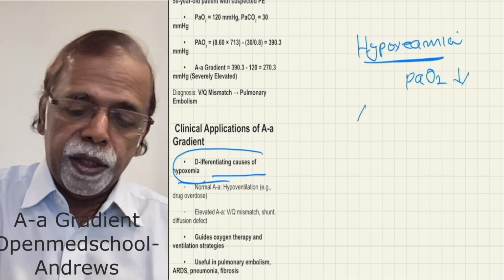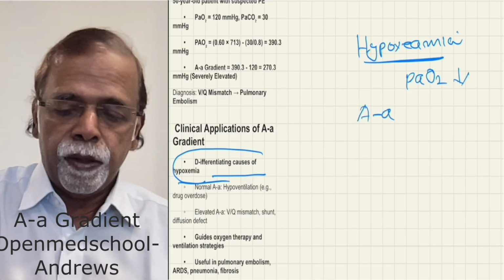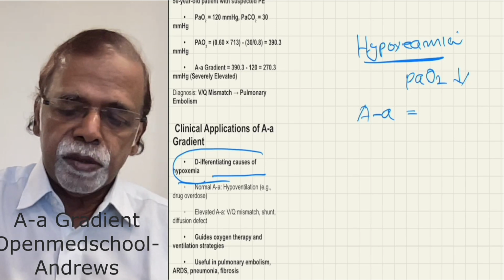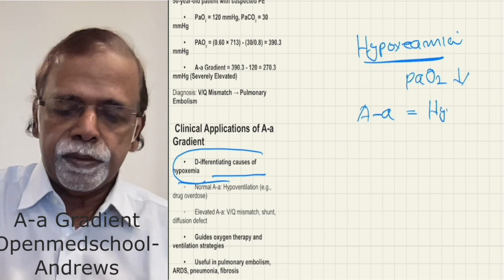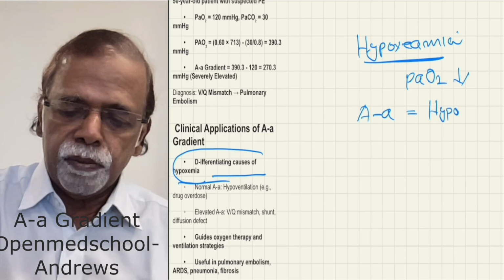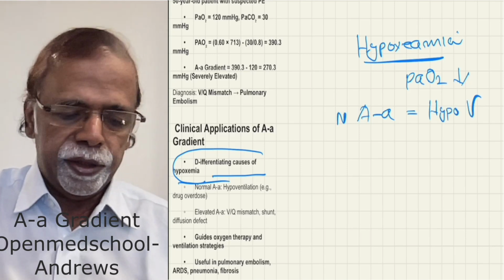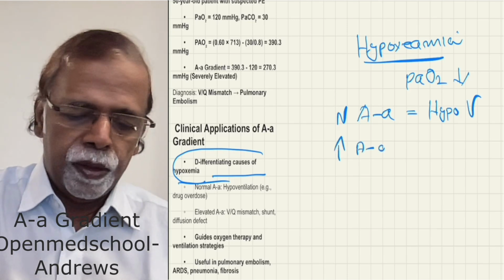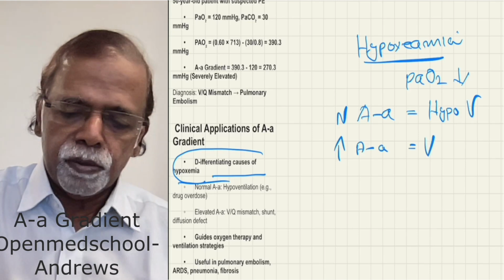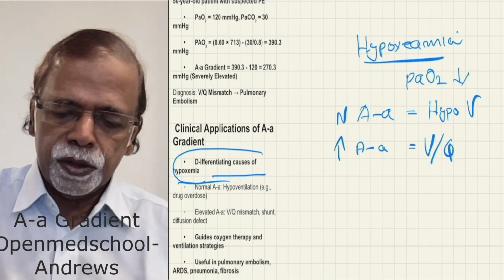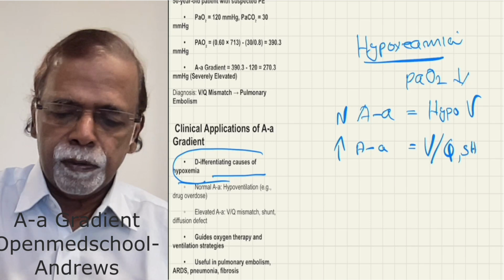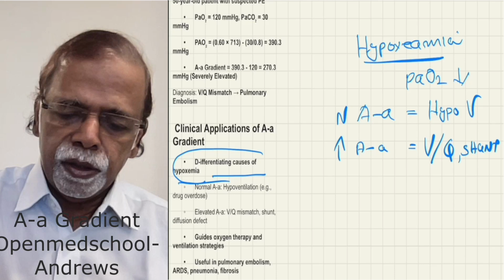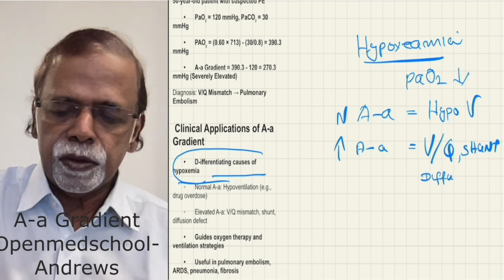Normal AA gradient and decreased PaO₂, always suspect hypoventilation. Increased AA gradient, we think VQ mismatch, shunt, and problem with the diffusion across alveoli.